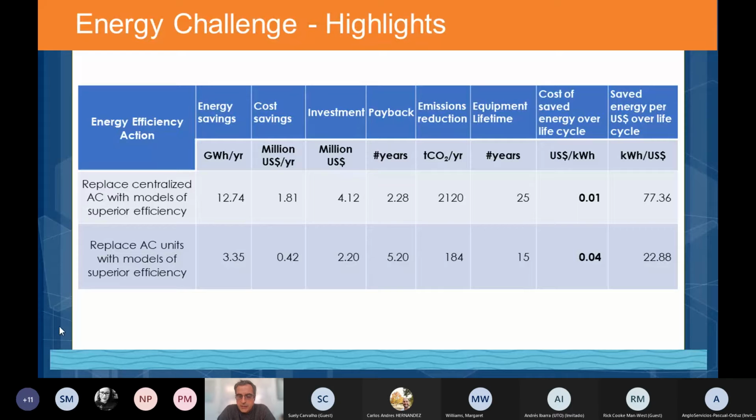And replacing room AC units are also attractive, especially as it involves smaller investments and it's more easily implemented. We believe that this demonstrates that energy efficiency can be an entry point for refrigerant replacement, accelerating the penetration of more environmental technology in the market. Next.